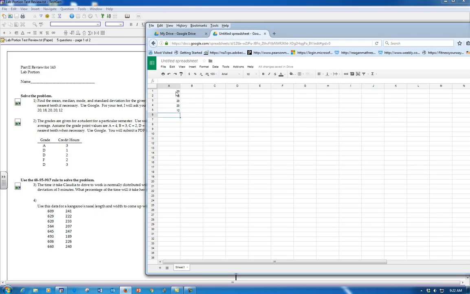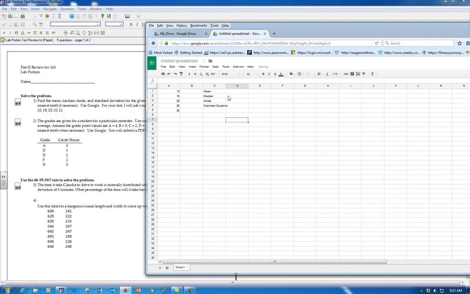And you can always put your data in order by highlighting, selecting data, sort, and it puts it in order. And you're going to be typing in Google your mean, your median, your mode, and your standard deviation.